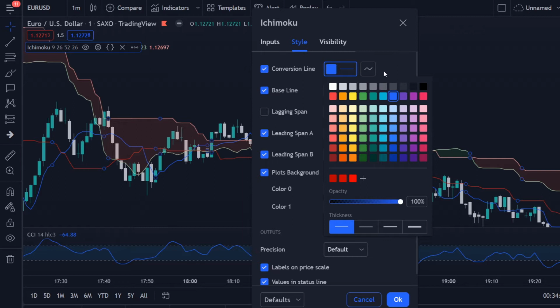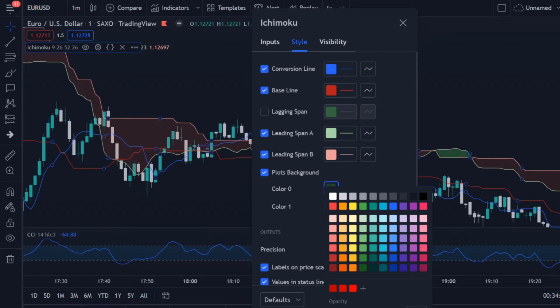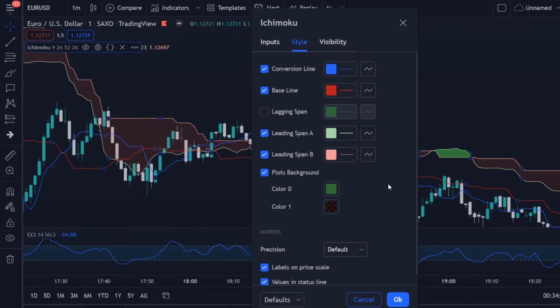That's fine as well. I will leave this to blue. And of course you can also play around with the background colors. Over here we see red and we see green, and if you think, well, I do not see this green color clearly, then you can make it brighter, or whatever you want. I like this one over here.